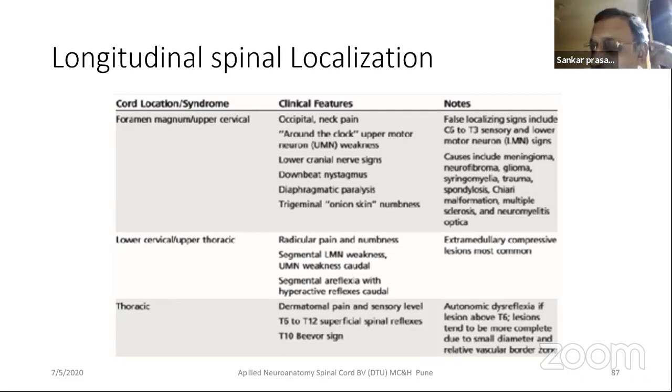Any trace element can cause myelopathy, fluorosis. You should know fluorosis. These are the causes of extradural compression. Intradural we have already discussed.